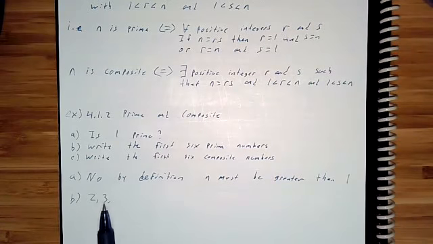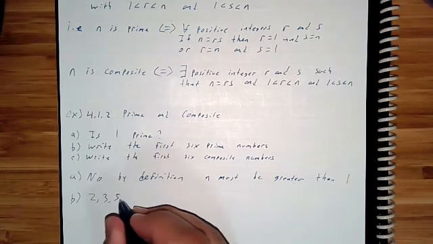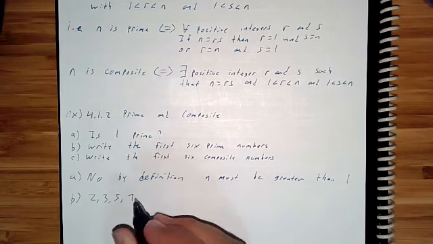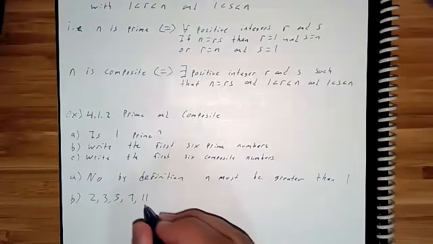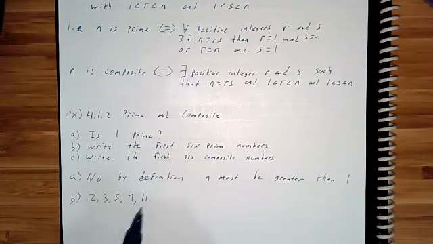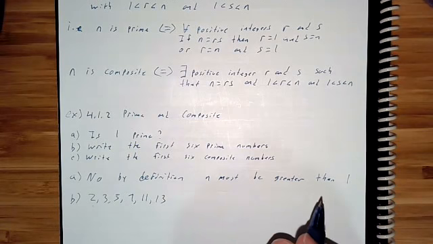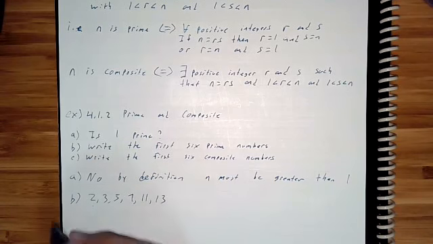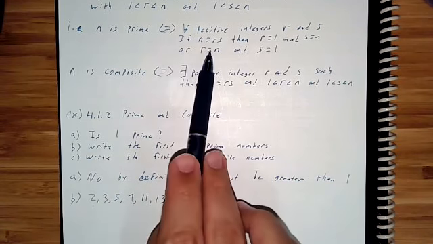For example, 2 can only be written as 2 times 1. 3 is 3 times 1. 5 is 5 times 1. Then 7, 11, 13. All these numbers can only be factored by the number 1. Nothing else divides into them except 1 and itself. That is what that definition is saying.